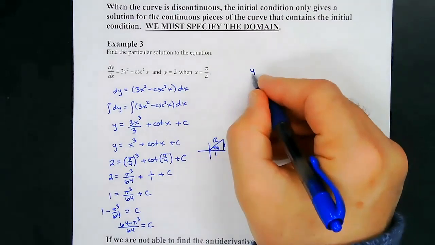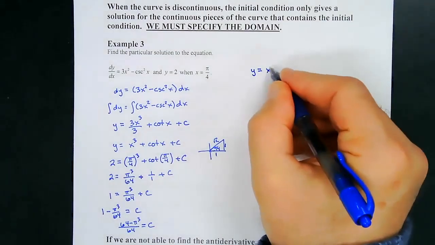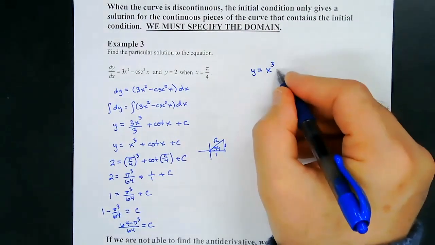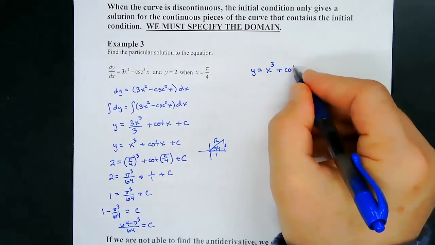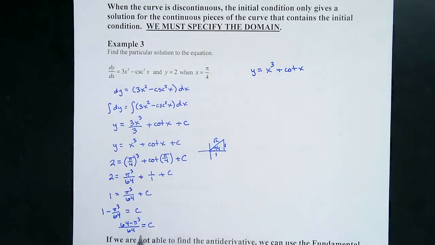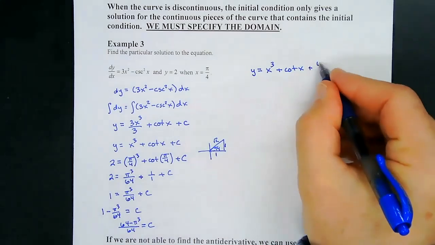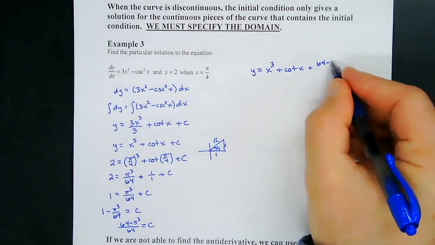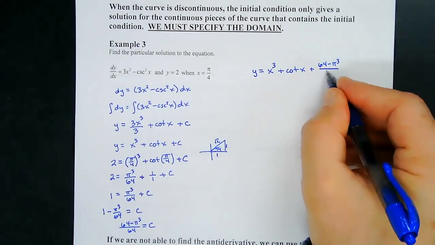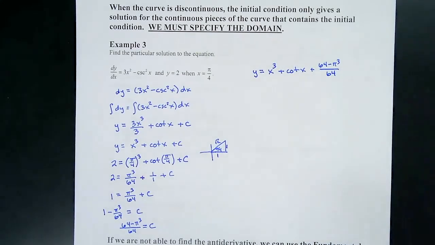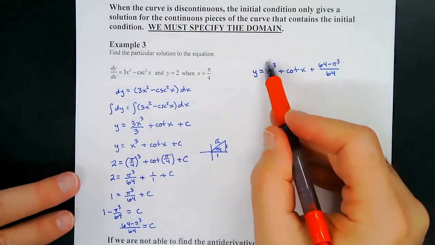So now I know that y is equal to x cubed plus cotangent x plus 64 minus pi cubed over 64. Now there are some breaks in this. There's not a break for x cubed.